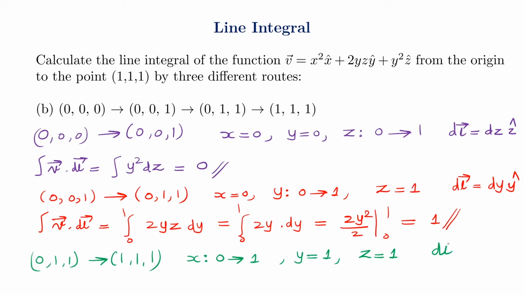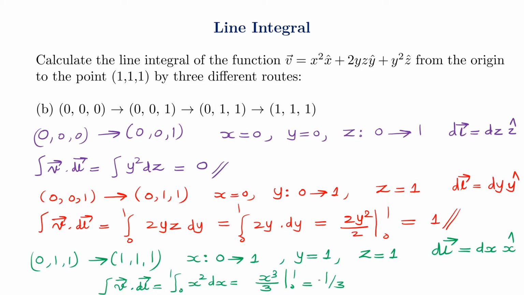And dl in this case will be equal to dx times x hat. Therefore, integral v dot dl is equal to integral 0 to 1 x square dx, that is equal to x cube divided by 3 from 0 to 1, which is equal to 1 by 3.